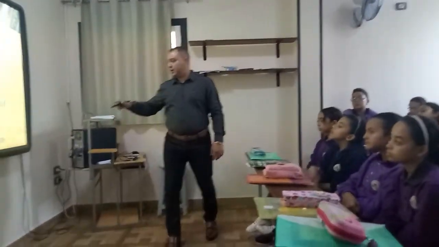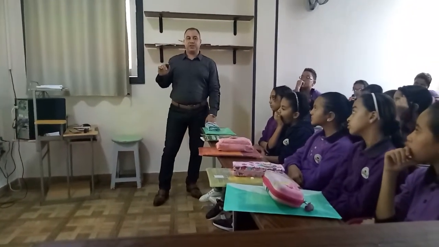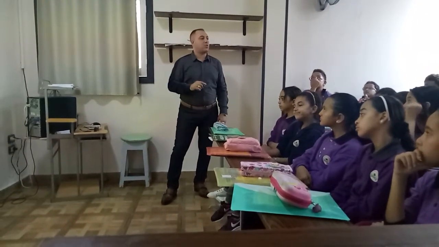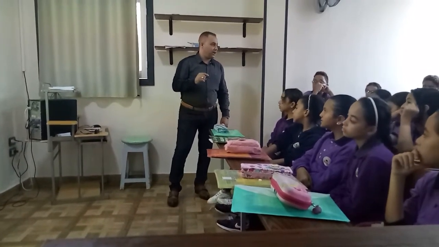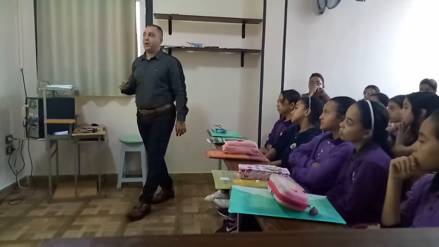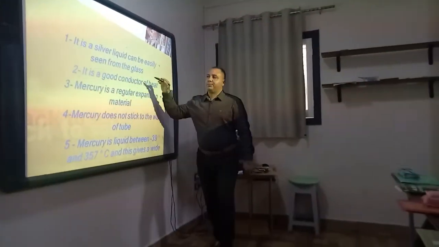Mercury is a liquid between negative 39 and 357 degrees Celsius. And this gives a wide range to be liquid. Okay. Any problems?